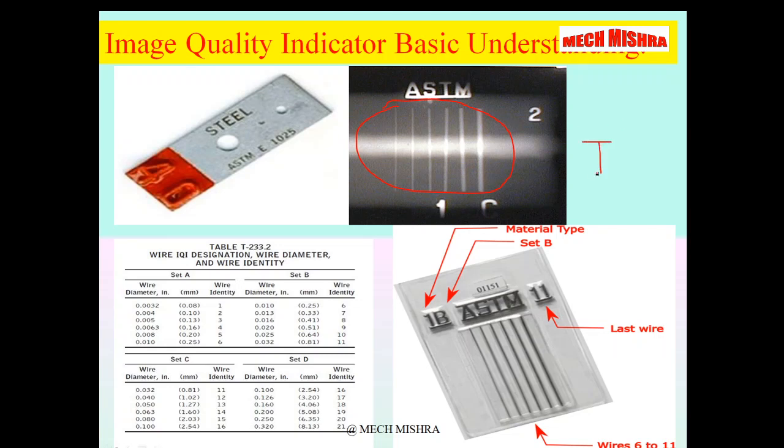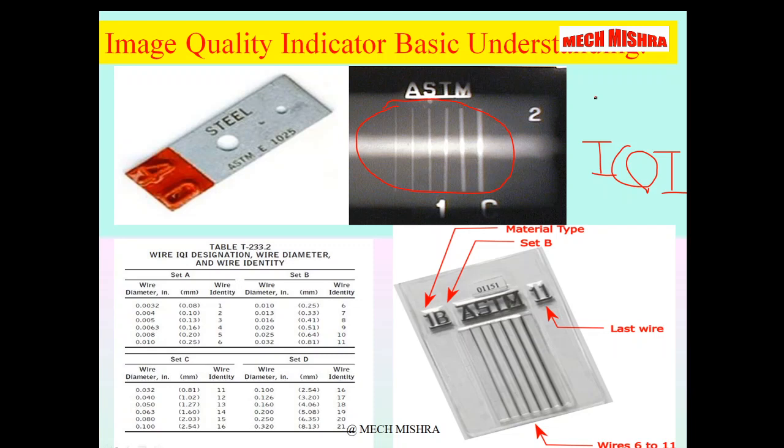What is an image quality indicator? As the name says, image quality, it is showing the quality of the image. It means whether my radiography film is able to identify the lowest size of the defect or not. That is the function of the image quality indicator.